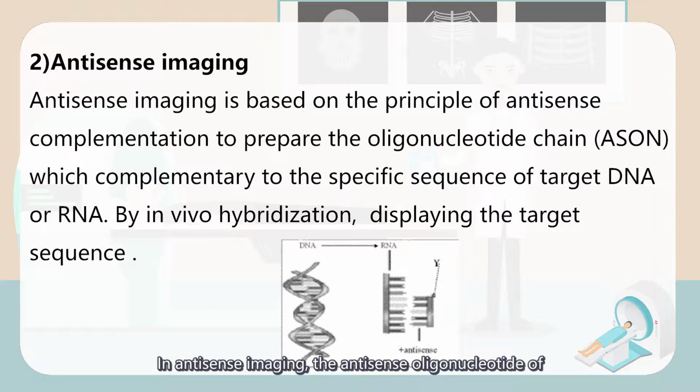In antisense imaging, the antisense oligonucleotide of the specific sequence is labeled by a radionuclide. It can be used as an antisense molecular probe, which can achieve specific binding with a corresponding mRNA fragment in vivo. PET or SPECT imaging will be used to reflect the transcription of target DNA.